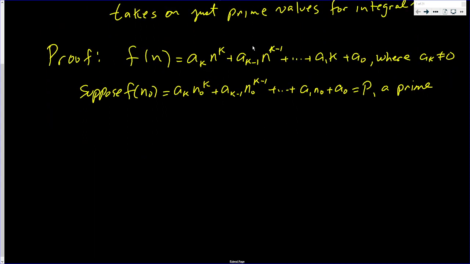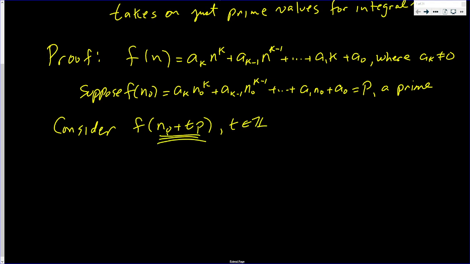Let us consider f of n0 plus tp, where t is some integer. So we're looking at infinitely many inputs, one for each integer t, and p is that value.